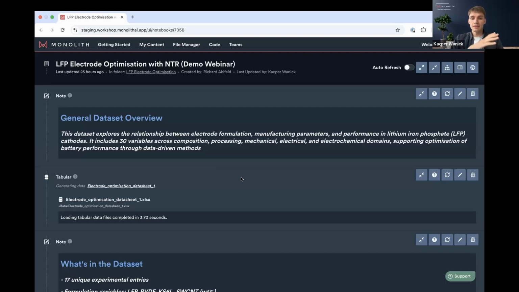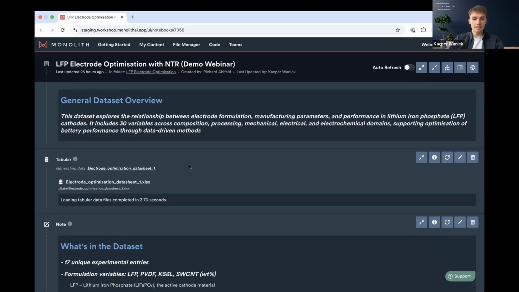It contains 30 key variables spanning across the composition, the processing settings, the mechanical integrity, electrical properties, and the electrochemical performance. And by linking all of these diverse parameters, the dataset provides a robust foundation for applying data-driven optimization techniques to improve battery design and accelerate R&D.